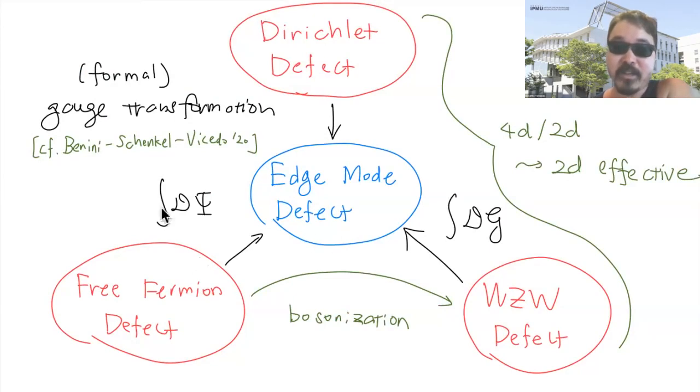And if you look at the derivation of the bosonization, you go through something in the middle, which is the theory obtained by integrating out fermions and integrating out the gauge field. And then there's yet another description in terms of the Dirichlet boundary condition, which can also be related to this description.